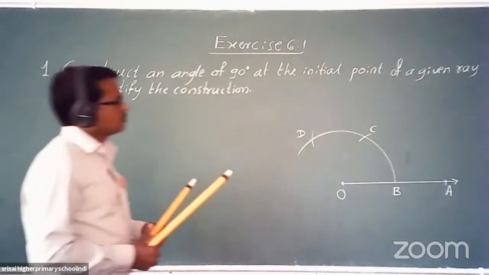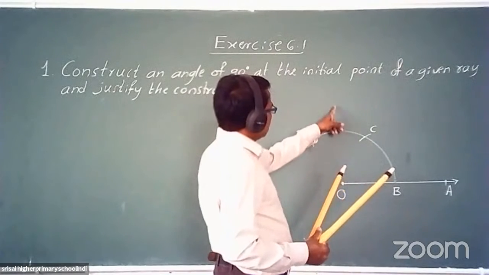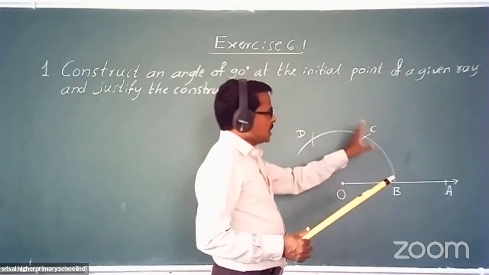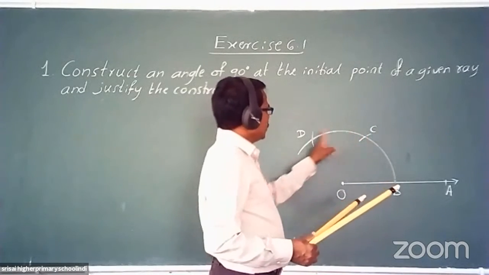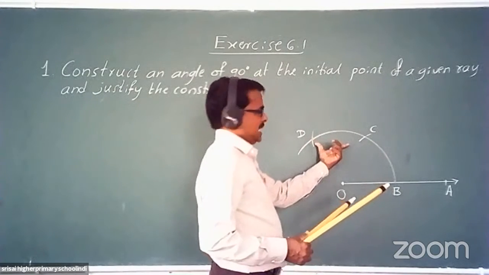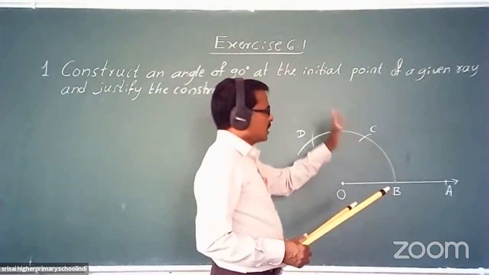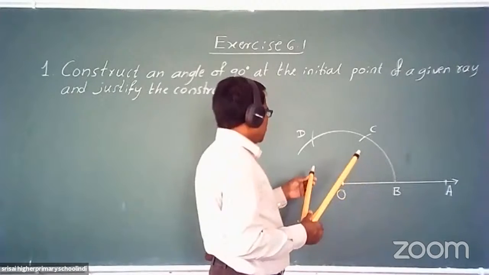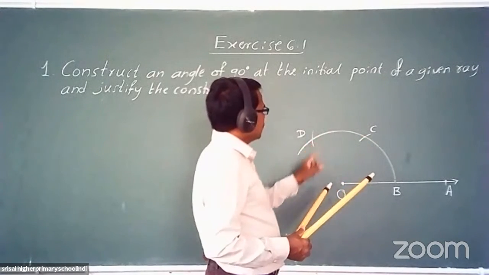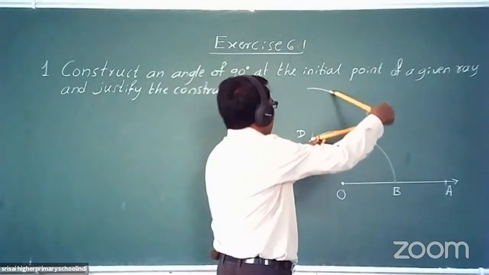Now, from B to C it is 60 degrees. C to D is again 60 degrees. So you have to bisect it. If you bisect, you get 30. 60 plus 30 is 90 degrees. So now to bisect CD, keep the fixed arm of the compass on B, draw one arc.